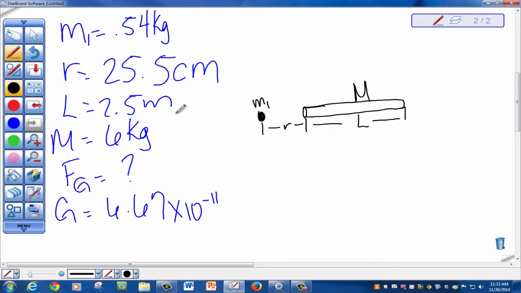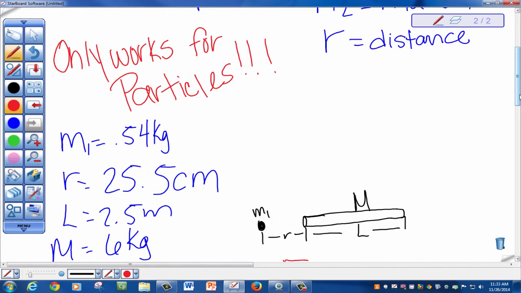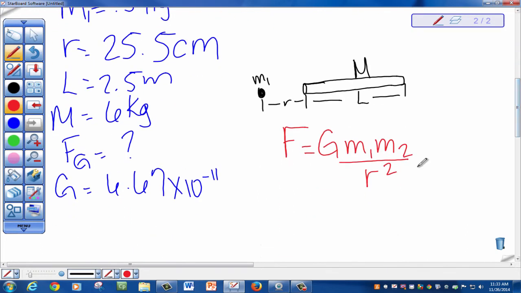Well, the formula we need to use would be F equals G m1 m2 all divided by r squared. But we need to remember, this only applies to particles. That's the only time we can use this formula in this form.